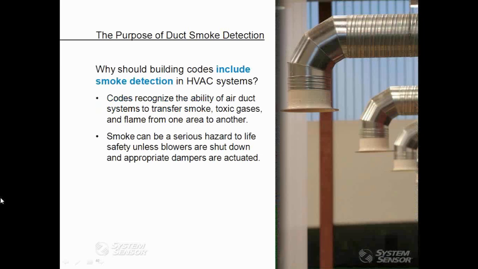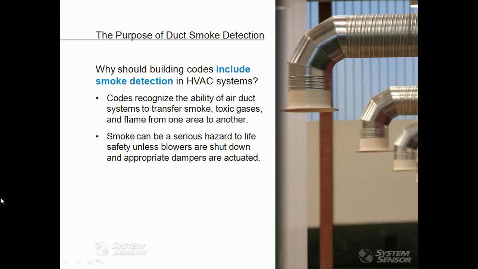Okay, first we want to recognize why duct smoke detectors are required for installation. The purpose of duct smoke detectors is to provide notification that smoke is present in the HVAC system and to shut down associated equipment, because as the HVAC system sends conditioned air throughout the ductwork, the code recognizes that duct systems also have the ability to transfer smoke, toxic gases, and flames created from a fire from one area of a building to another.